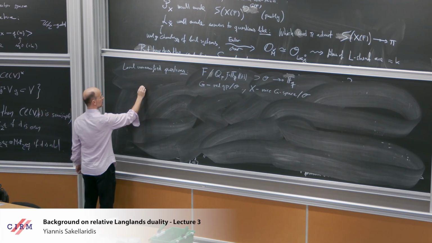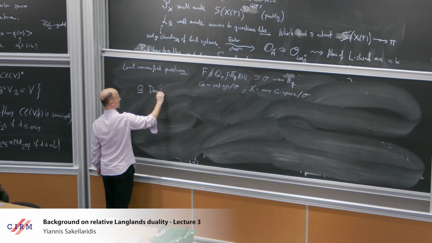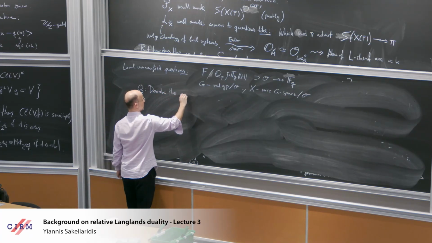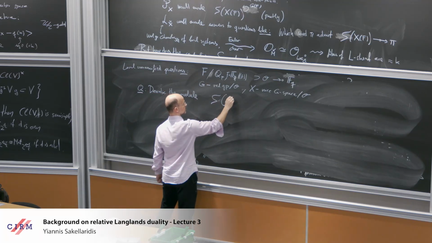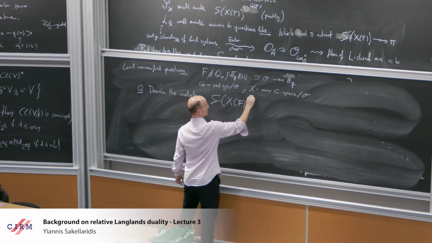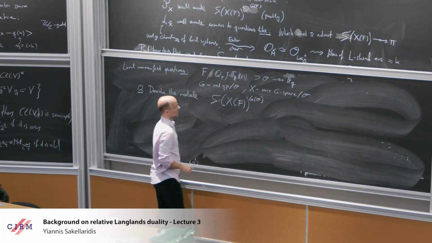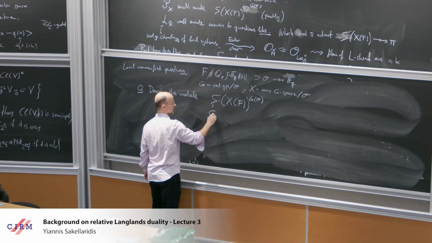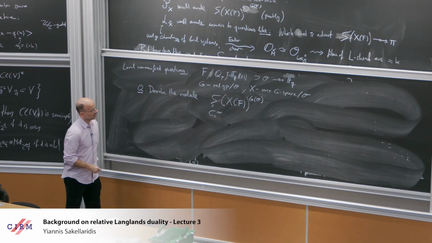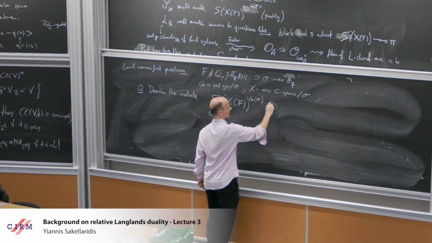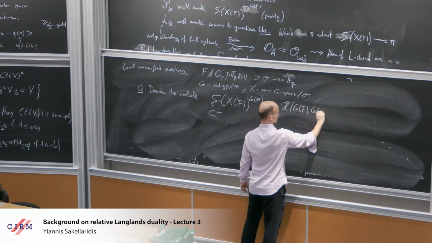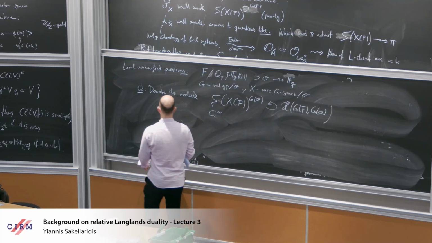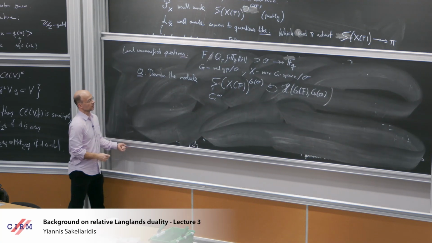Then the question is to describe, to understand the module S(X(F))^{G(O)}, where by S I mean C_c^infinity, as a module for the Hecke algebra. Okay? So this is the function theoretic question.